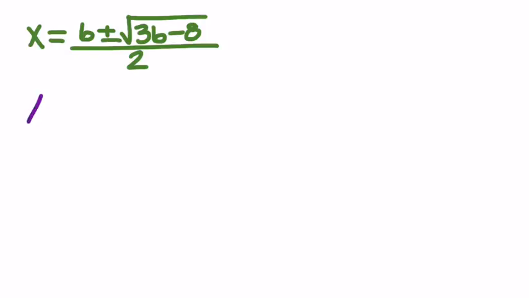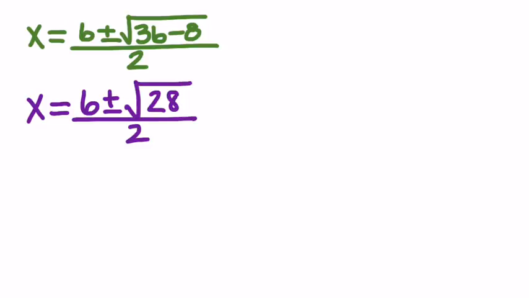So now x is going to equal 6 plus or minus, we're going to do 36 minus 8 is 28, so that's still the square root of 28 all over 2. So this is the case where the square root of 28 is not a perfect square, so we're going to have to simplify that radical.